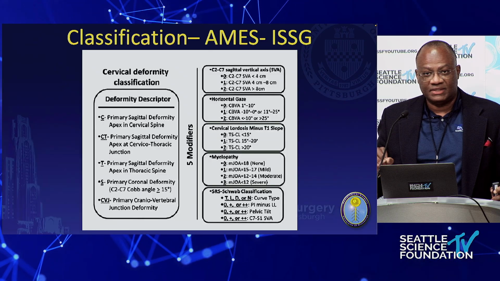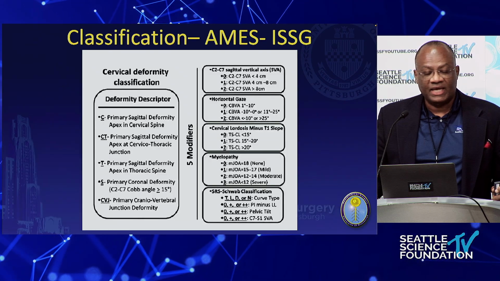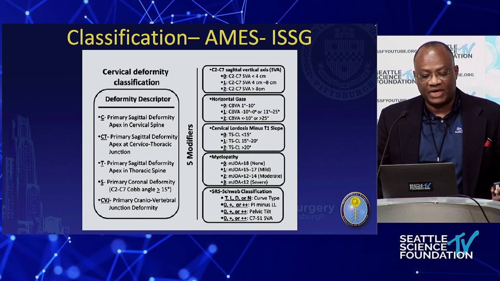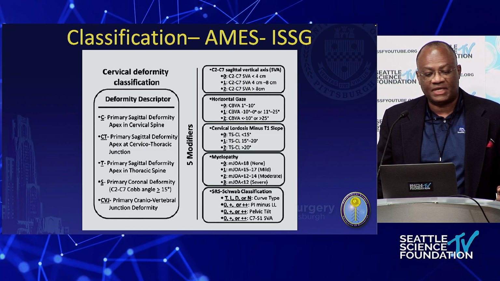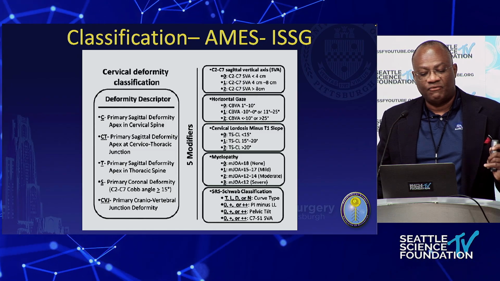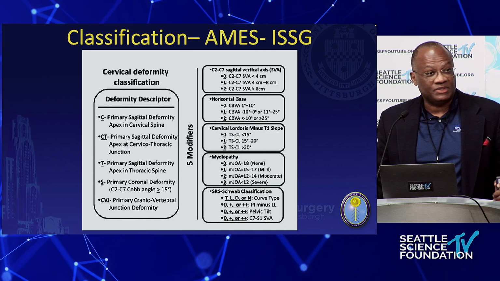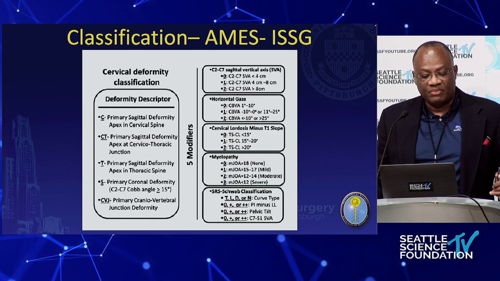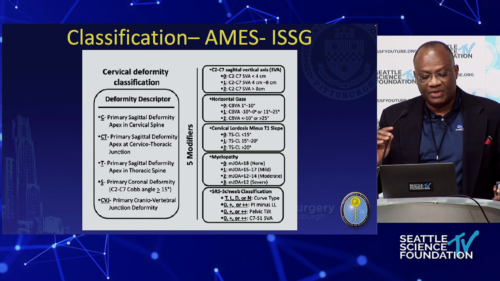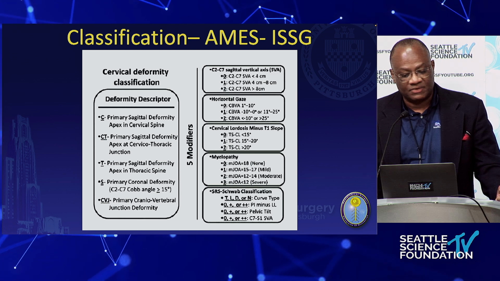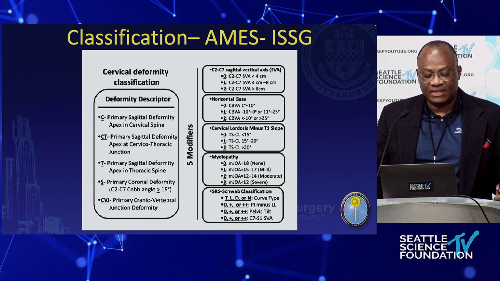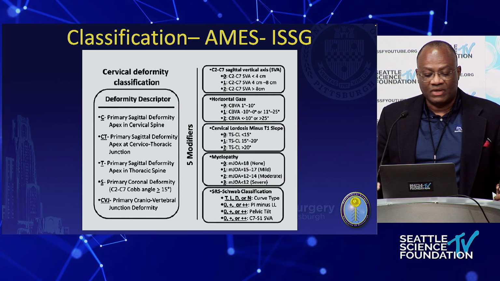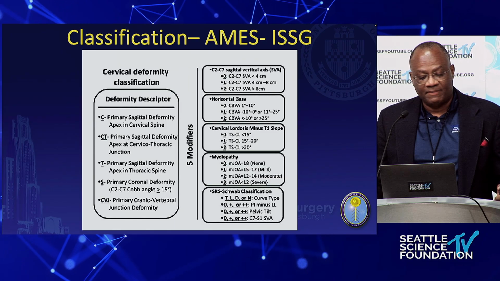I like to go with the simplest of them all, which is the AIMS ISSG classification system, right? So you have the cervical deformity classification. You look for the deformity descriptor, the primary deformity descriptor, which will be C for cervical. Do they have a primary sagittal deformity with the apex in the cervical spine versus cervical thoracic, or, like I said, a thoracic primary sagittal deformity.